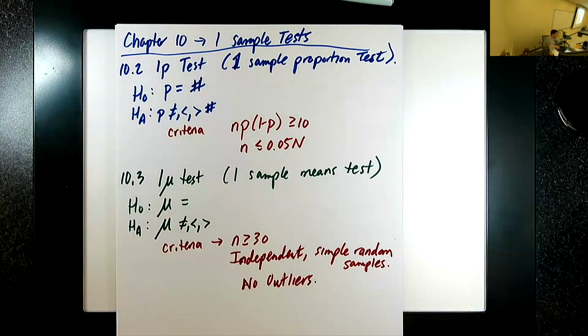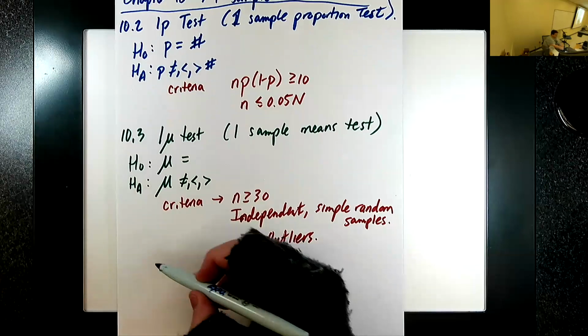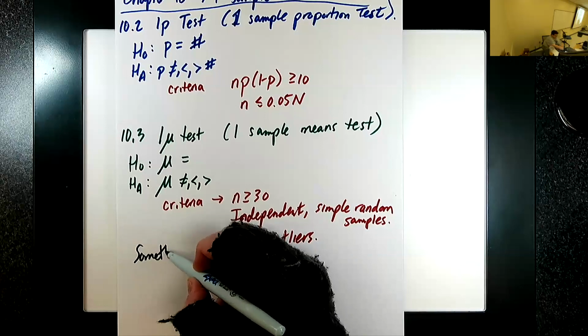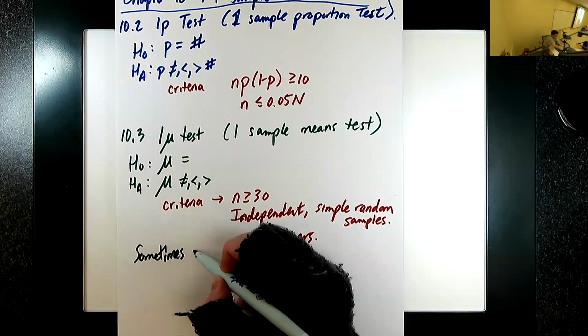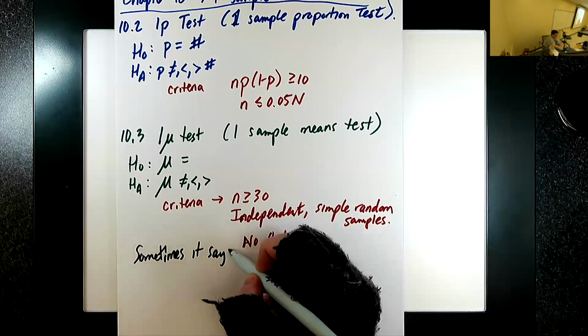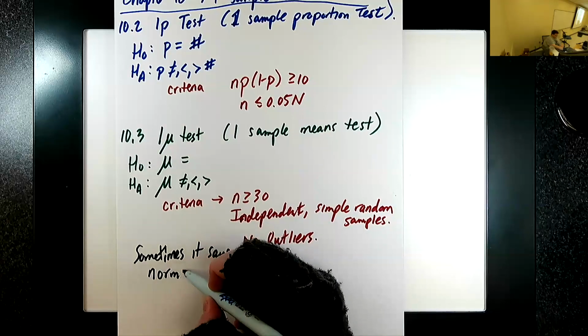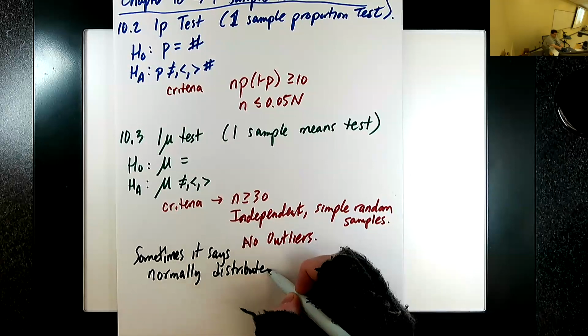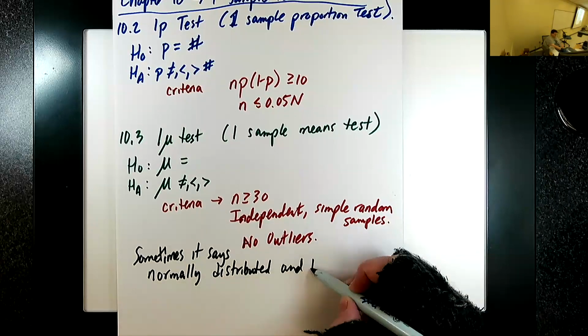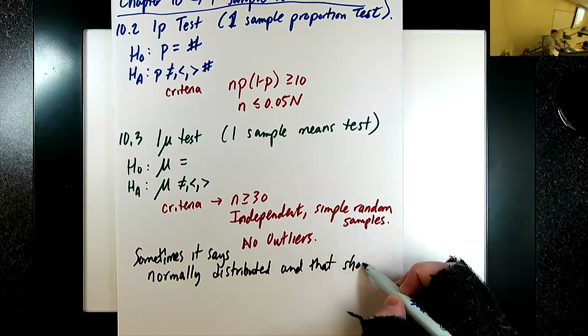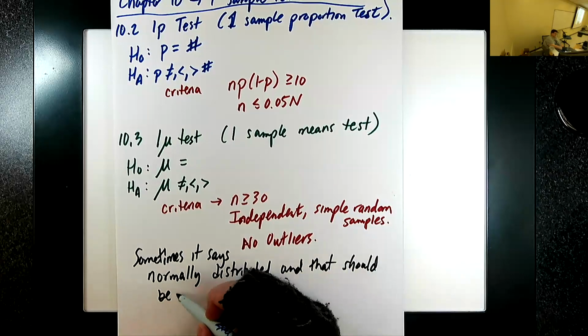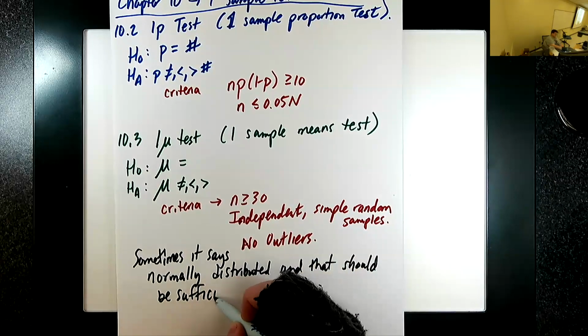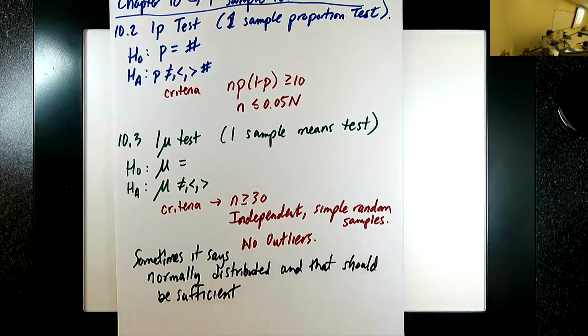Sometimes it will say you're normally distributed and you're good to go. And that should be sufficient, assuming independent random samples and stuff like that.